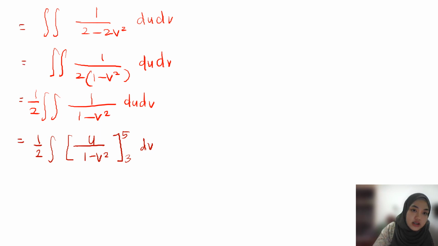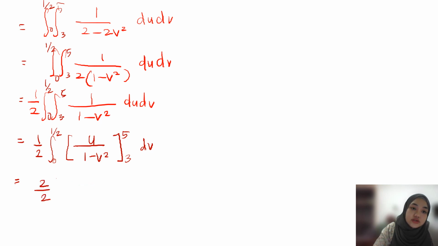You have to substitute the value, you cannot simply leave it like this. So you substitute the values 5 minus 3, you will get 2. You can show this one or you can simplify.